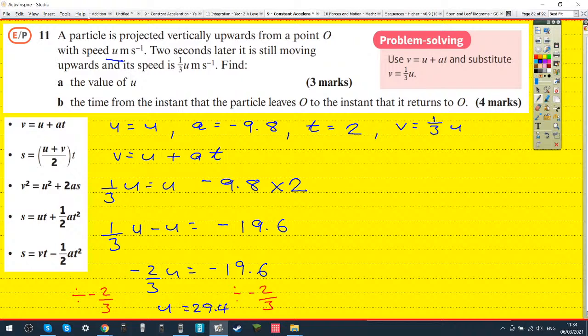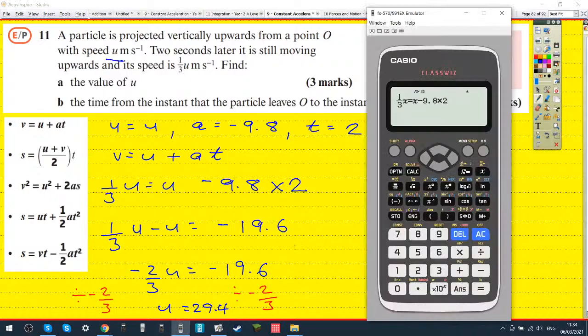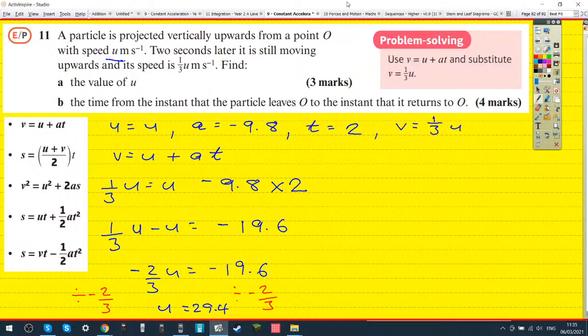So u equals 29.4. Yep. So all the way back here, a third u equals u minus 9.8 times 2. I just put in a third x equals x minus 9.8 times 2. Yeah. Shift solve. Yeah, let's just calculator it. If there's only going to be one answer, it's calculator.